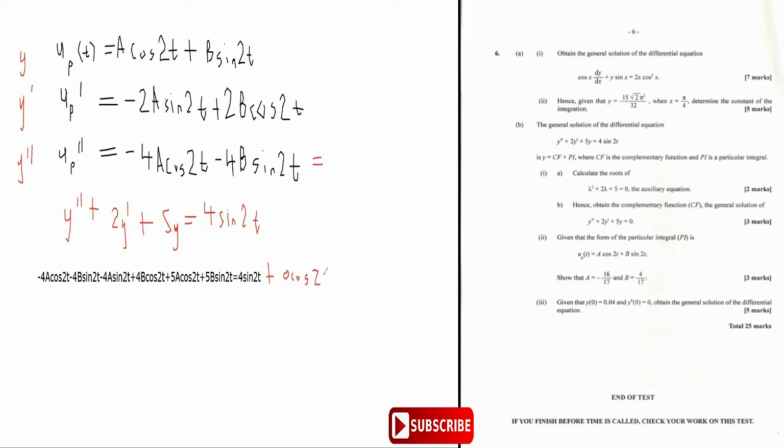All right. If you write this as 0 cosine 2t, then that means the minus 4b cos 2t, the 5 cos 2t must equal 0. And that means that everything else, the minus 4b sine 2t minus 4a plus 5b must equal 4 sine t. So let's set up those equations.